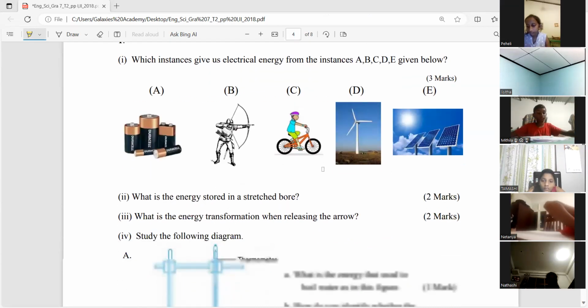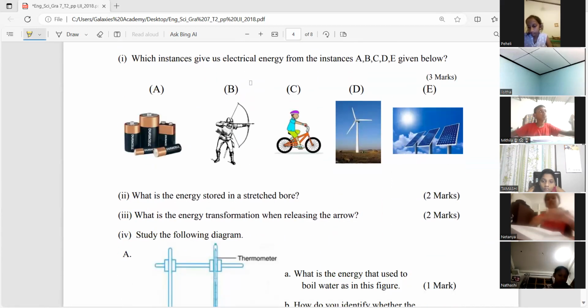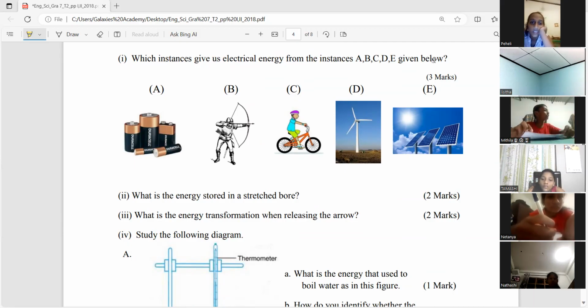Right, look at the first question of the second part. Which instances give us electrical energy from the instances A, B, C, D, E given below? Can you tell me which instances?